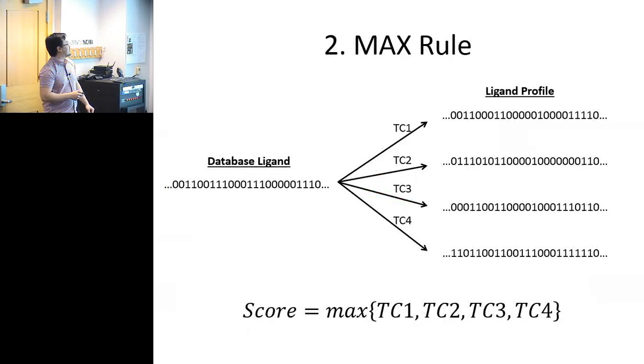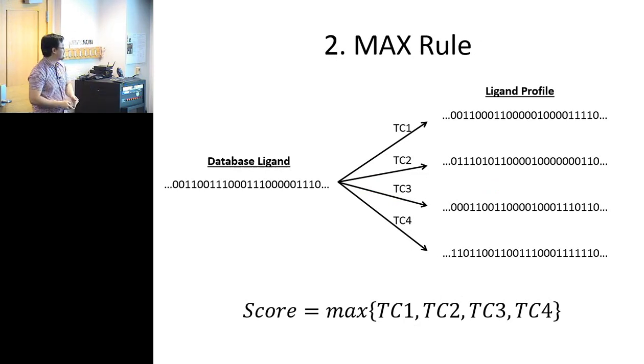And the max rule here is more or less so for every single ligand in the ligand profile, right? So from before, I do a pairwise comparison all against all. So this takes the maximum Tanimoto coefficient that I calculate from among your ligands in your ligand profile and use that as the score for your ligand in the ZINC database, essentially.